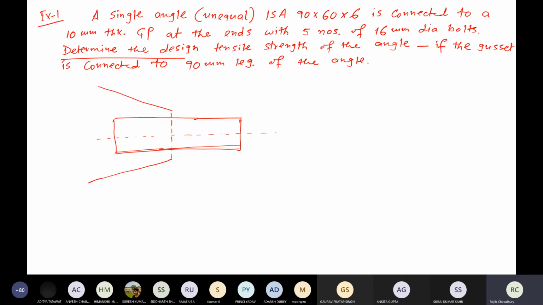Now 5 numbers of bolts are connected over here. So let's consider the bolts here: 1, 2, 3, 4, 5.